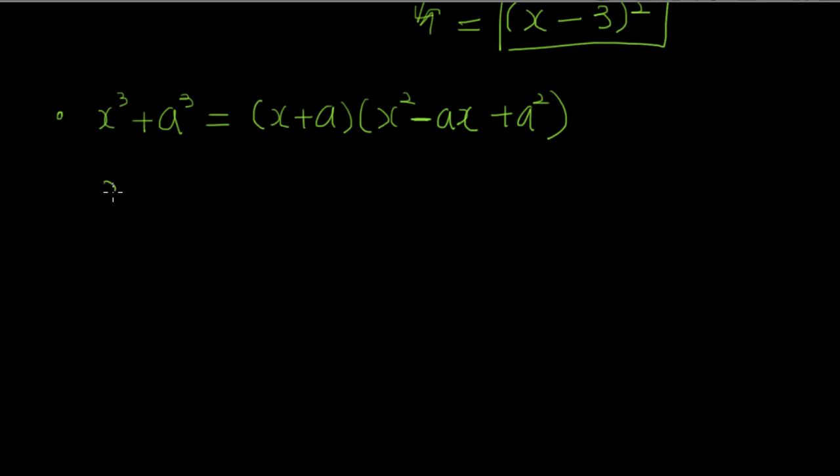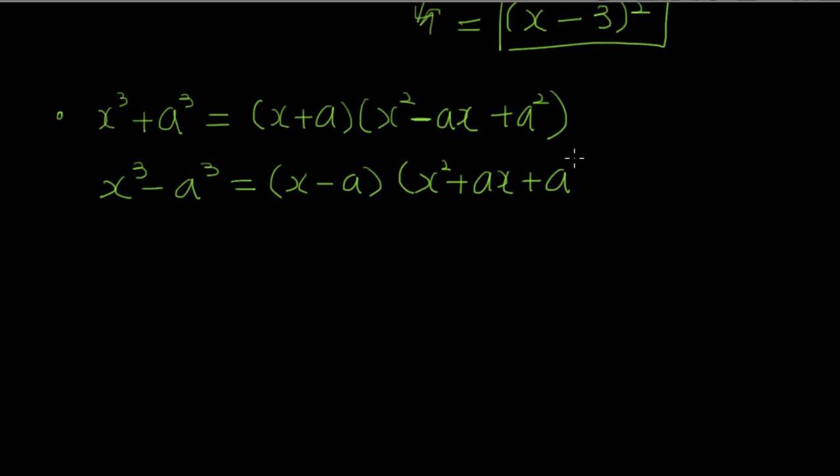In a similar way, x cubed minus a cubed equals, now if that's a minus, then this would be x minus a, and everything else is plus: x squared plus ax plus a squared.